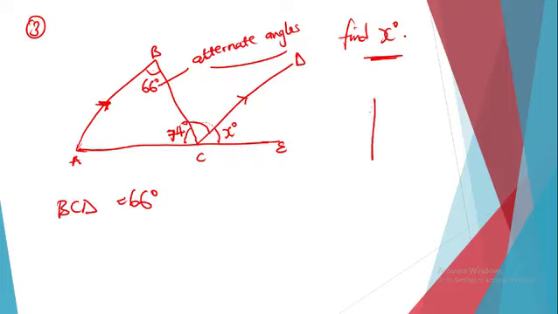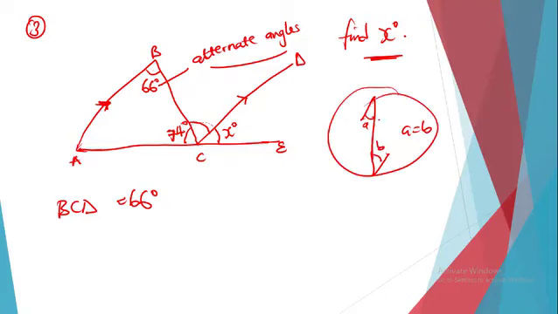If we have something like this, and this is A and this is B, A is equal to B, we call it what? Alternate angles. So with this knowledge now, this is 66, so here also is what? 66.